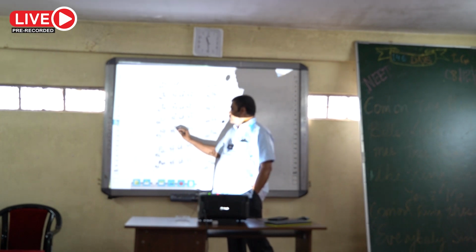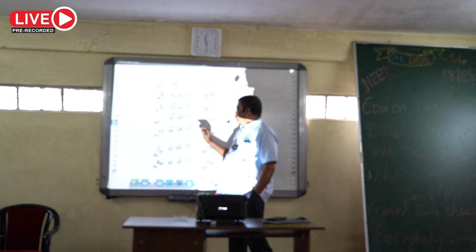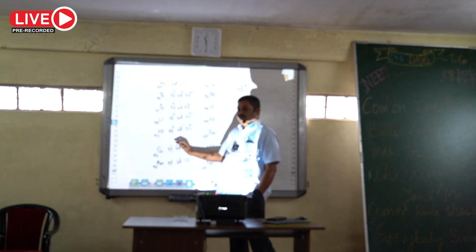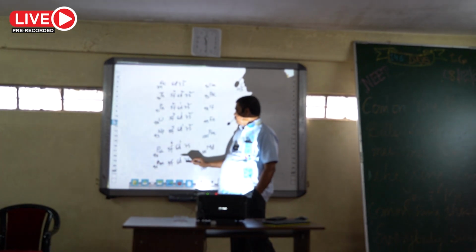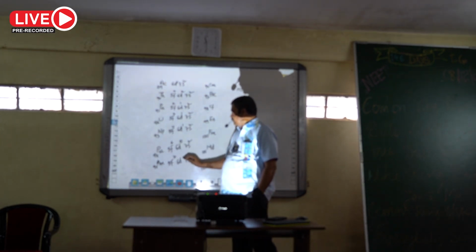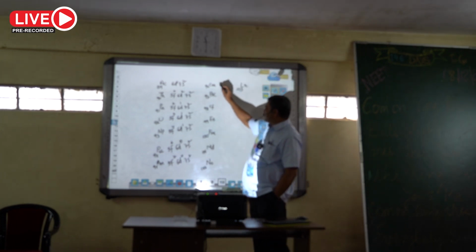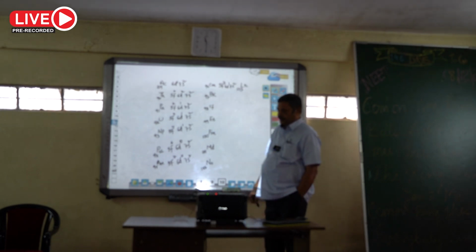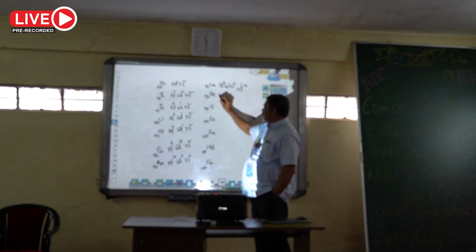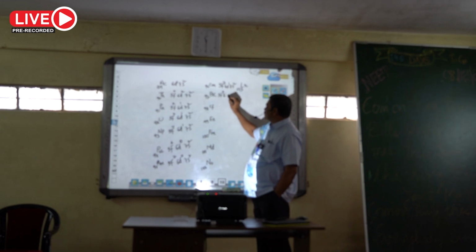Neptunium, plutonium: f6, 6, d0. 7s. 7 will repeat: 5f7, 6d1, 7s2, curium. Next, berkelium: 7 to 9 jump.